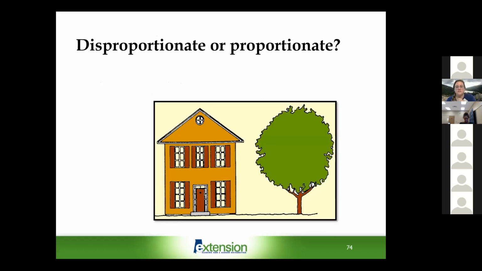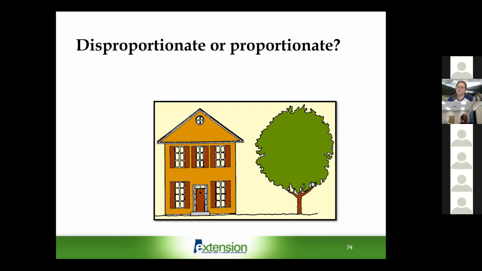So would you say this is disproportionate or proportionate? Proportionate? Yes. Anybody think this is disproportionate? I think it depends on the lot size. Yeah, we're only seeing half the picture here. We're not seeing the full lot.